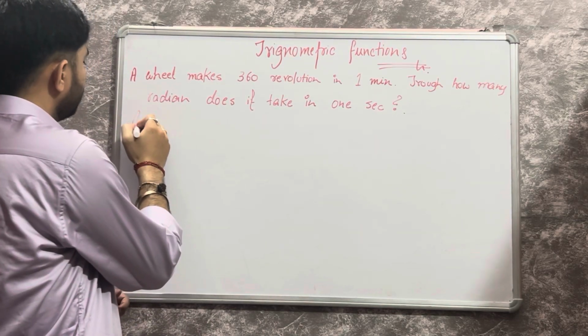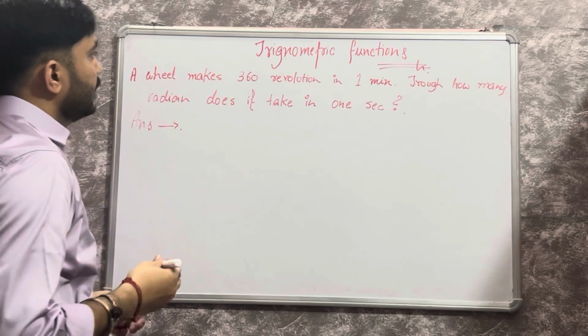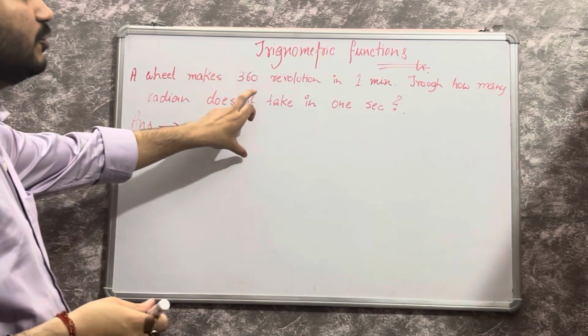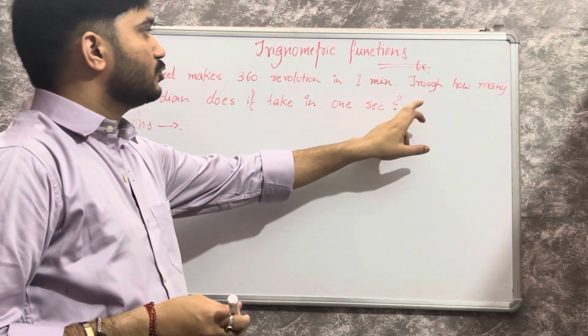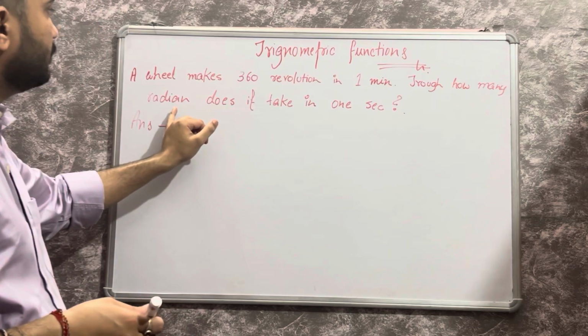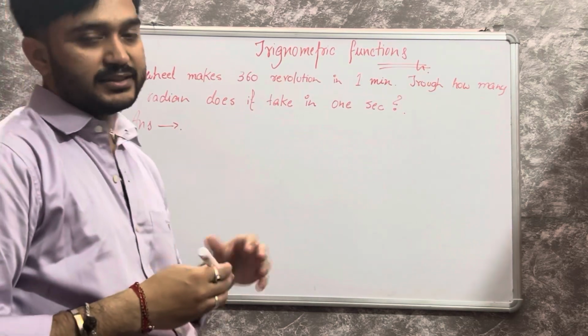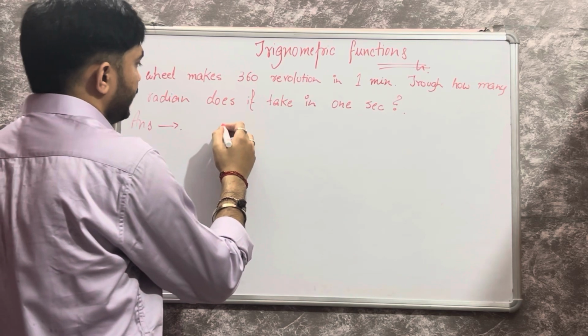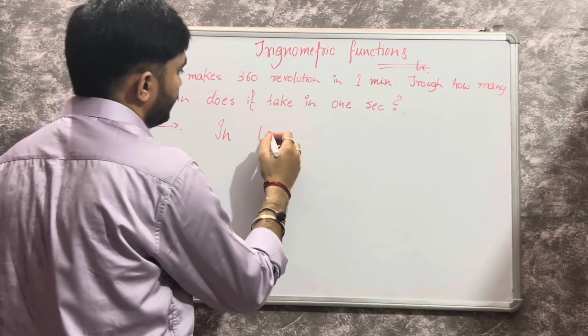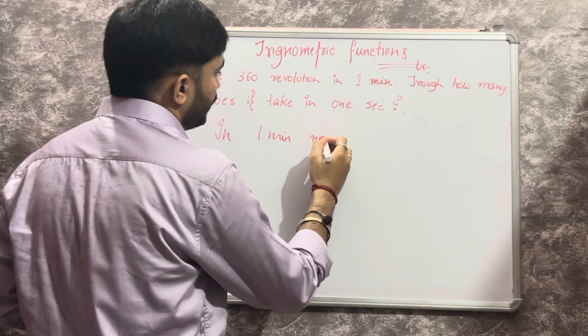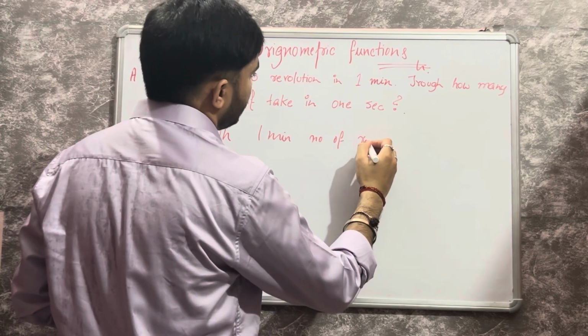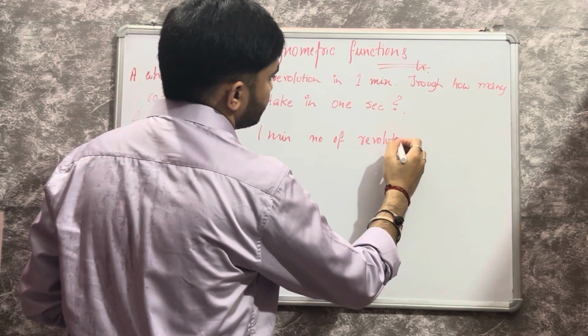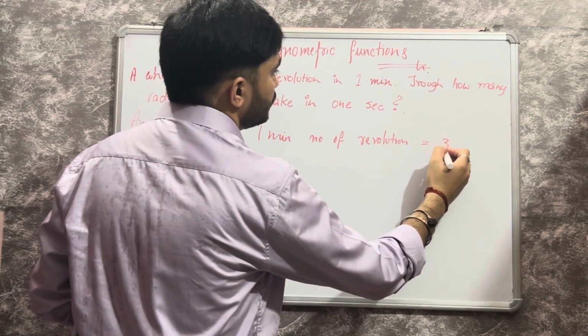So here the question is given, that is a wheel makes 360 revolutions in 1 minute. So we have to find how many radians it turns in 1 second. Here, since we know that in 1 minute the number of revolutions is equal to 360.